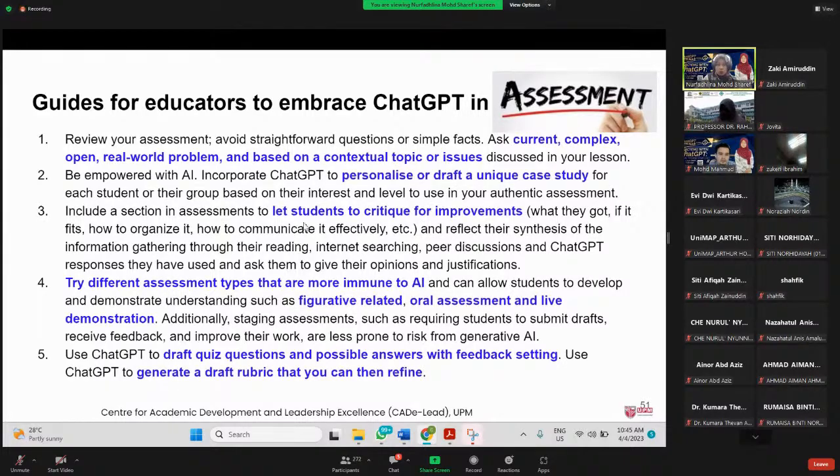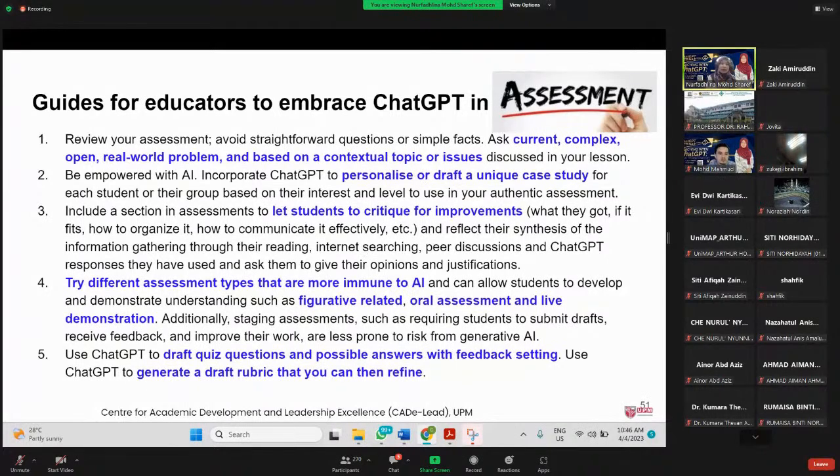You can also incorporate ChatGPT to personalize or draft a unique case study. Ask the students to critique for improvements whatever is being generated, and to discuss with their friends what their friends got differently, because ChatGPT sometimes will generate differently based on the variations of prompts.